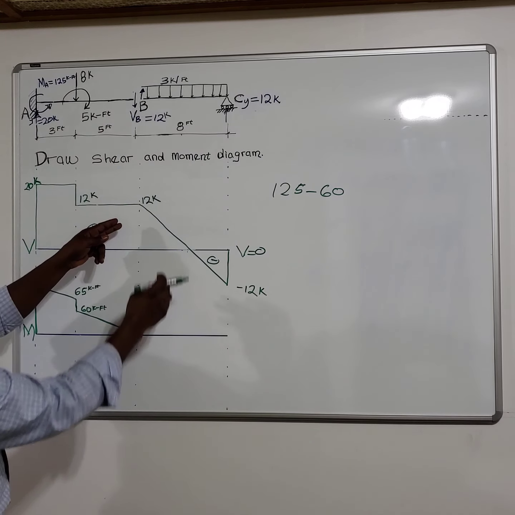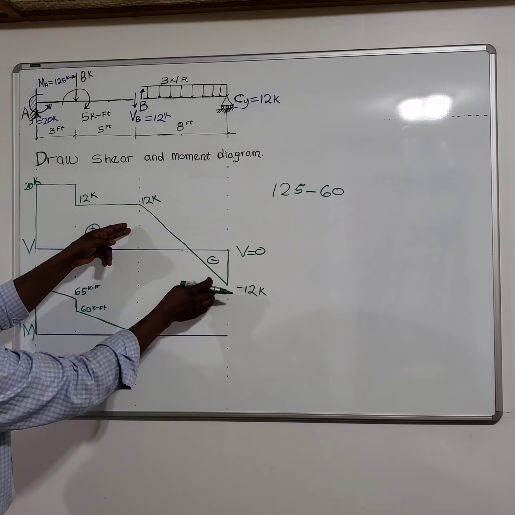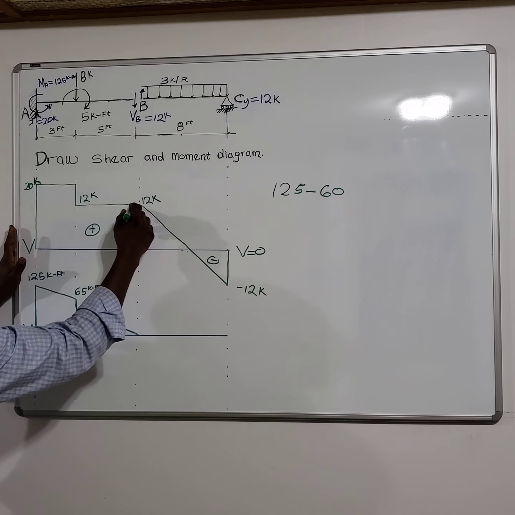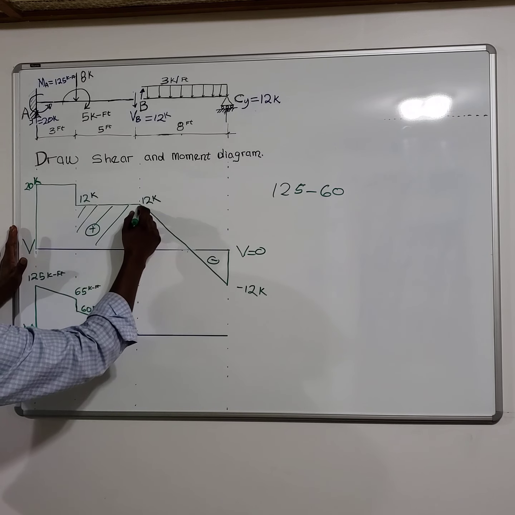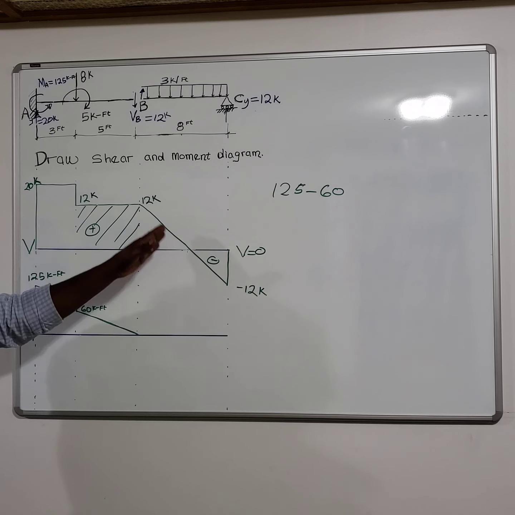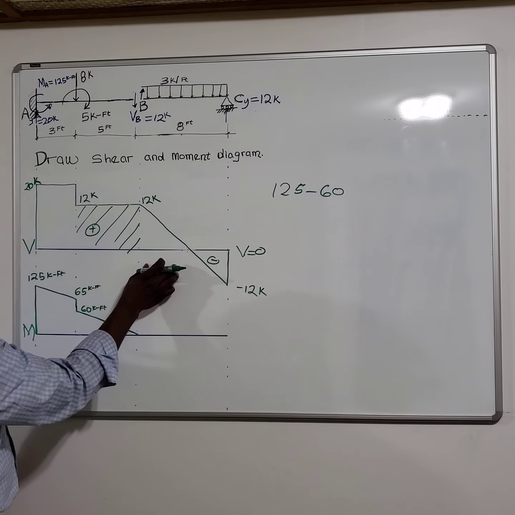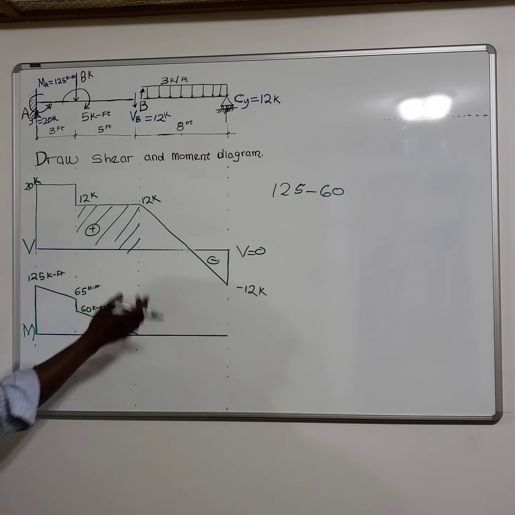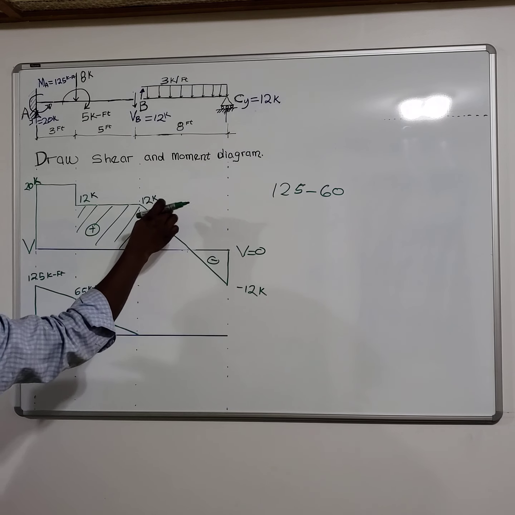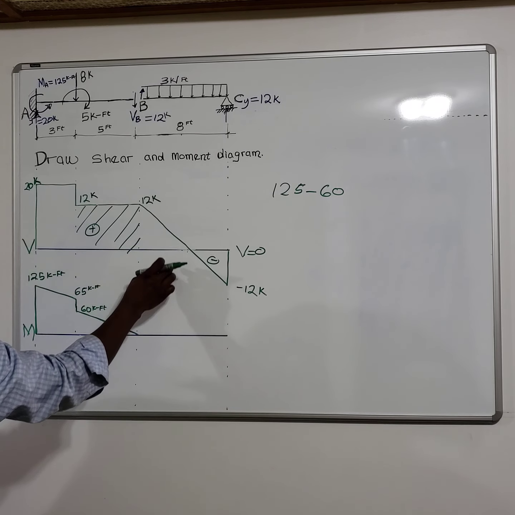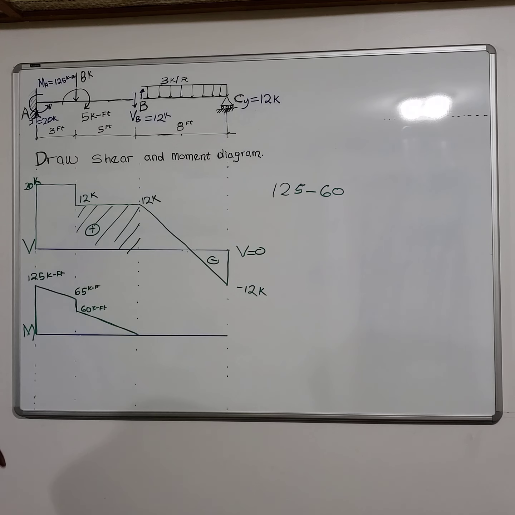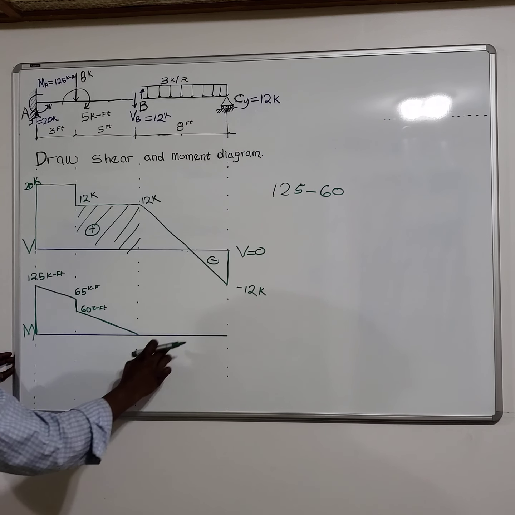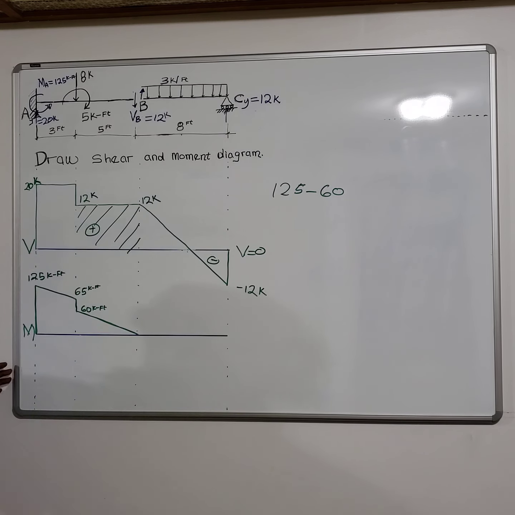Now we need to find the moment for this section here. So this is a triangle. Don't forget we completed this one here. So this triangle is 12 multiplied by half of this 8, which is 4. So 12 multiplied by 4, and since it's a triangle, you divide that by 2. So 12 multiplied by 4 is 48, divided by 2 is 24. And because the shear graph is linear, it's going to create a parabolic curve on your moment diagram.